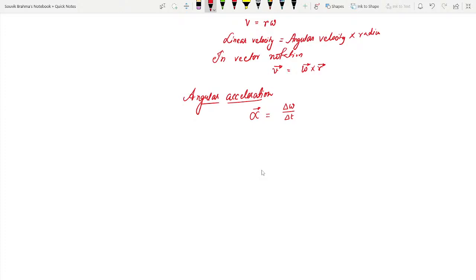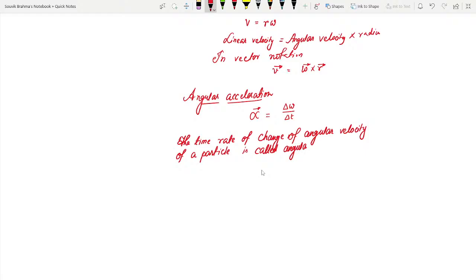So the time rate of change of angular velocity of a particle is called angular acceleration.